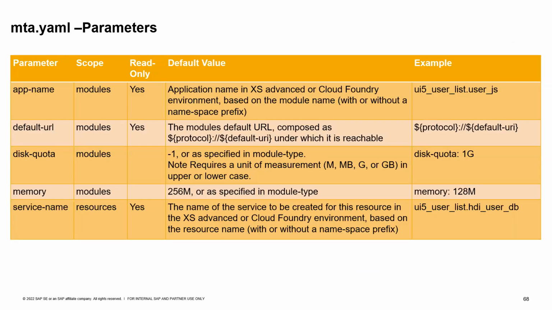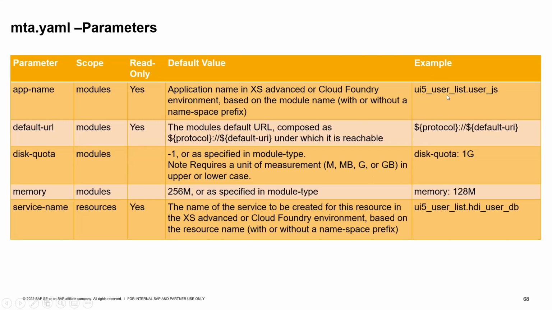So then we have some of the parameters which are available. We have app name. The scope of this parameter is defined in the module. So is it read only? It's all read only, yes. Then the default value is the application name in the Cloud Foundry environment based on the module name.